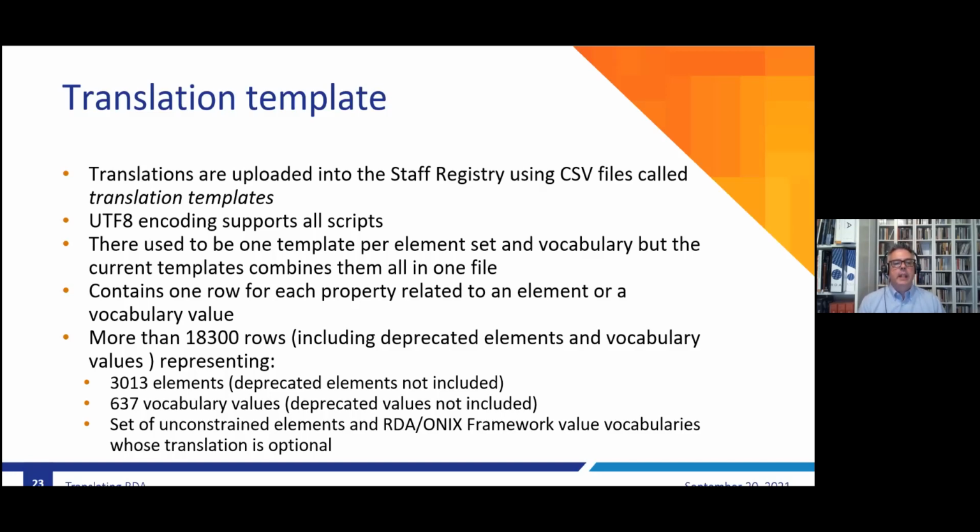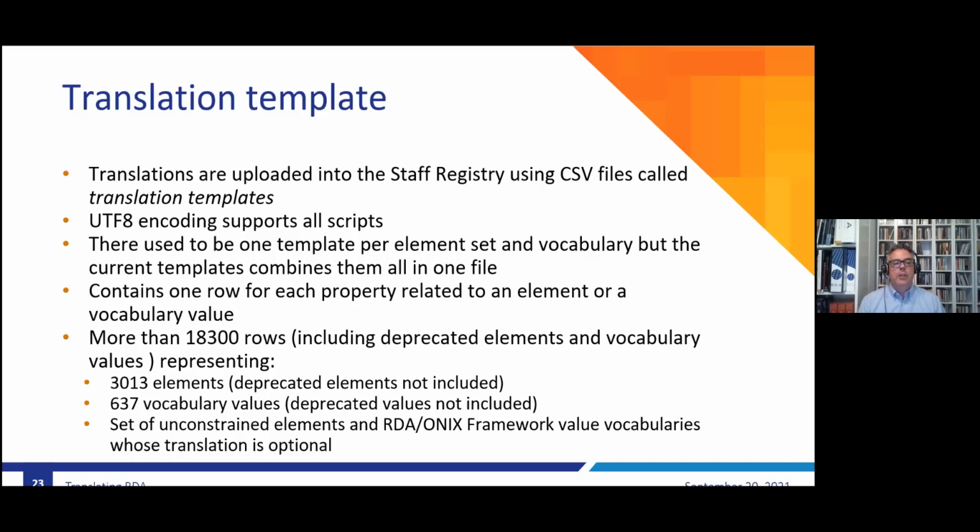There used to be, as Rania alluded to, one template per element set and value vocabulary. That made it a little more complicated and maybe more difficult, but the current template combines them all in one file. The template contains one row for each property that is related to an element or a vocabulary value. And there are always a minimum of 4 properties, and therefore 4 rows, for each element or vocabulary value.